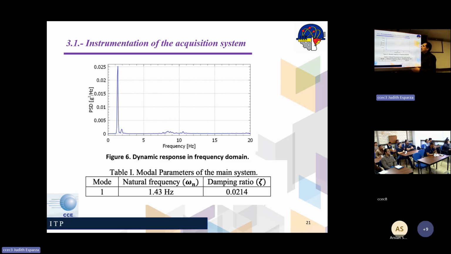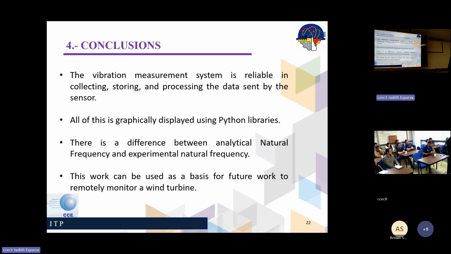In this case, my analytical natural frequency is 1.243 hertz, which is in this table, and in this case we can obtain the natural frequency in experimental form.